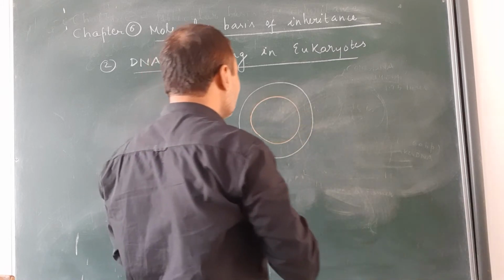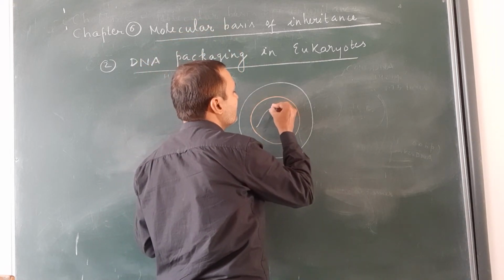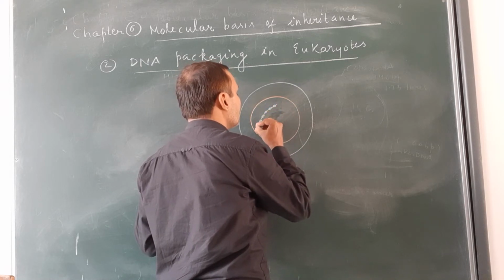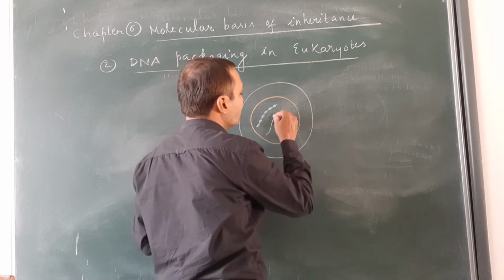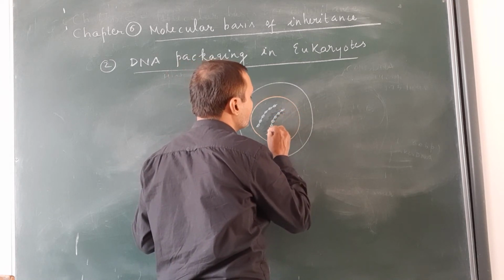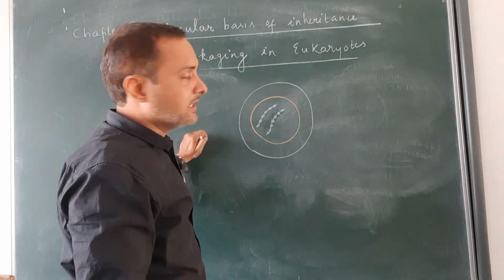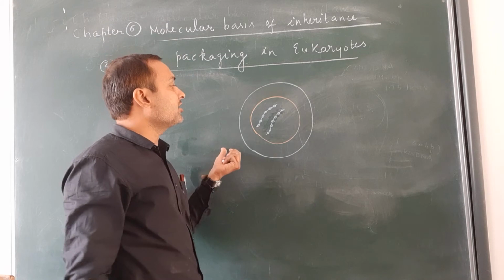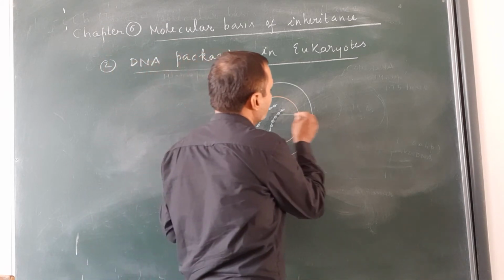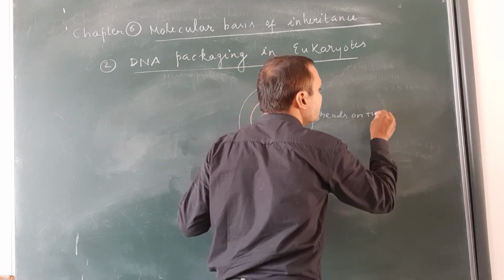Chromatin is found inside the nucleus of non-dividing cells, and it looks like beads on a string. It is the genetic material of non-dividing cells, uncoiled, looking like beads on a string.